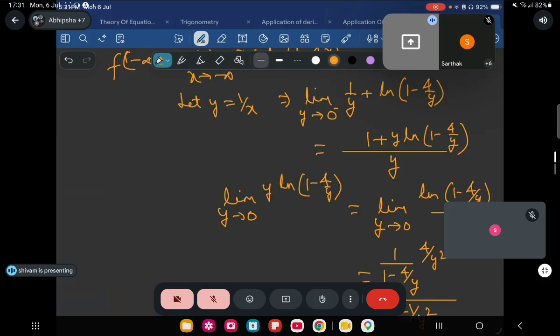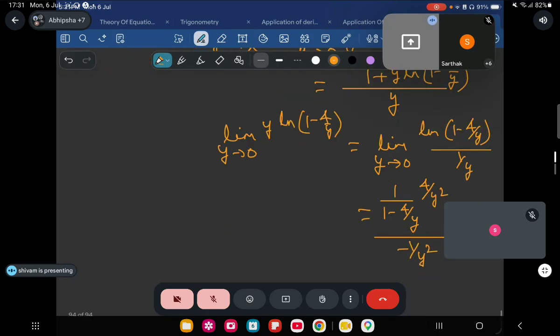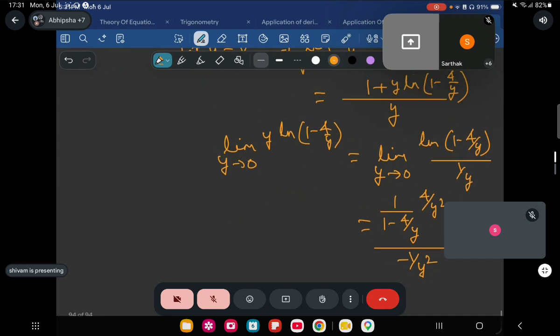Now you see over here, this y square and y square will get cancelled. Wait a minute. I have to write it in a good form. Okay, let us simplify it. 1 by 1 minus 4 by y, so this will become y by y minus 4.